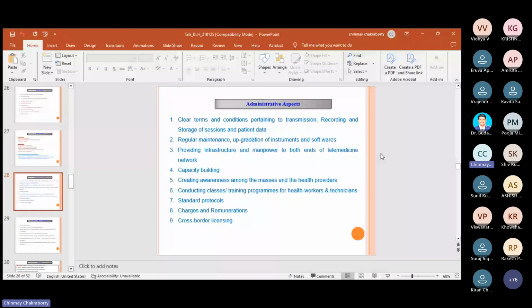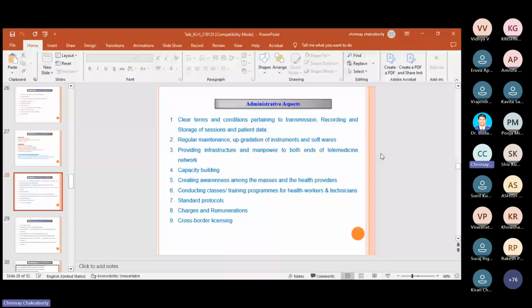Admin aspects here are clear terms and conditions pertaining to transmission, recording and storage of sessions and patient data. Then regular maintenance and upgradation of instruments and software, then providing infrastructure and manpower to both ends of the telemedicine network.